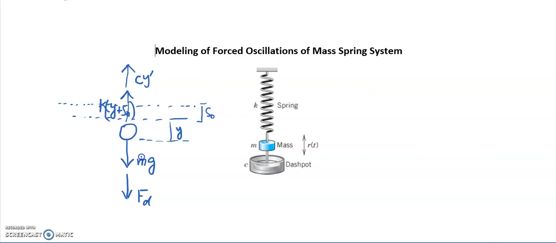For the initial condition, mg will be equal to ks naught, as we have done in the case of free oscillations. So let me write down all the forces. This force is the cy prime. I will write negative because the positive direction was taken as the downward direction. This is the damping force, and then minus k times y plus s naught, which is the total stretch in the spring.